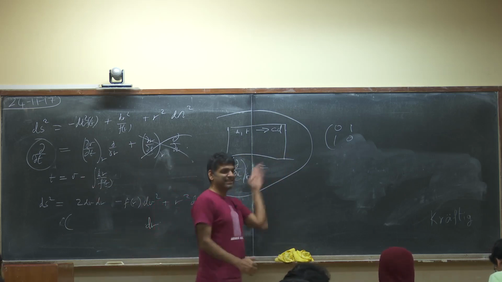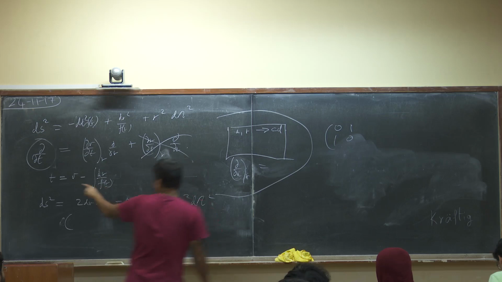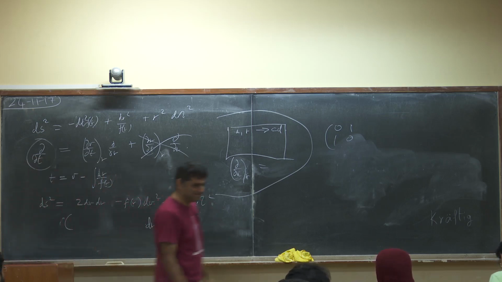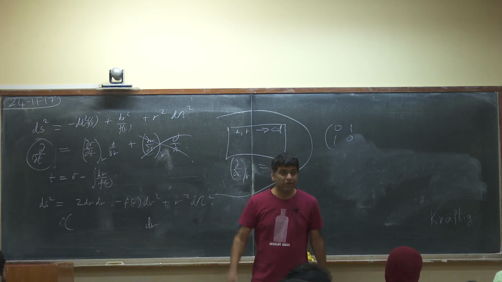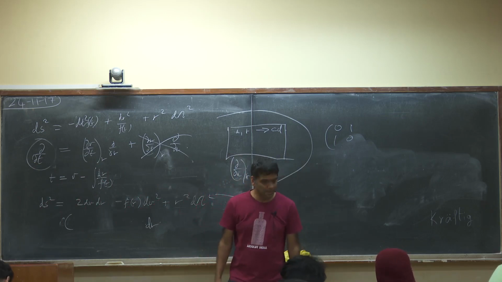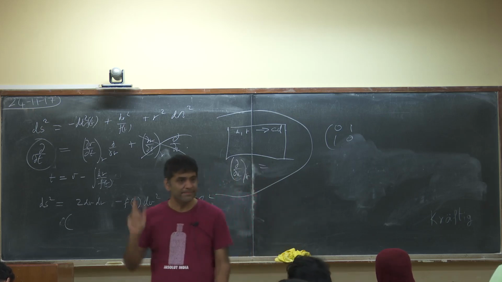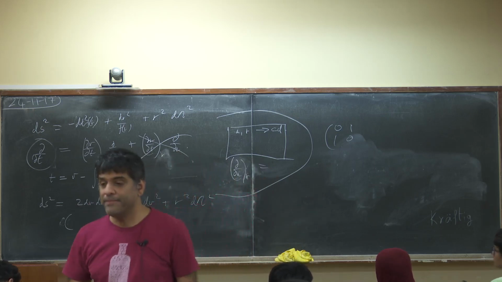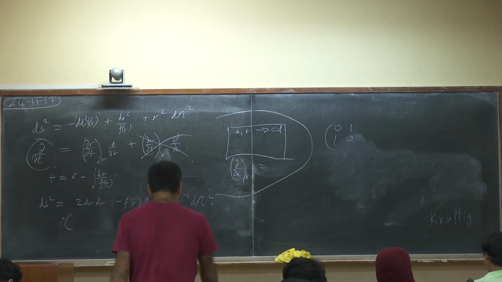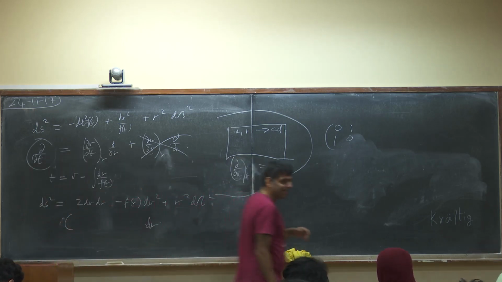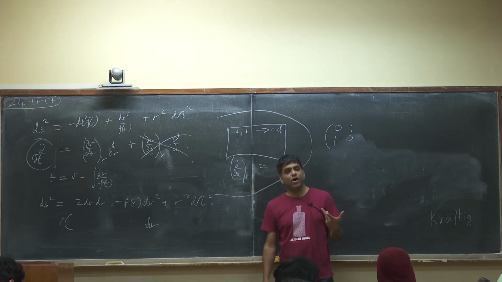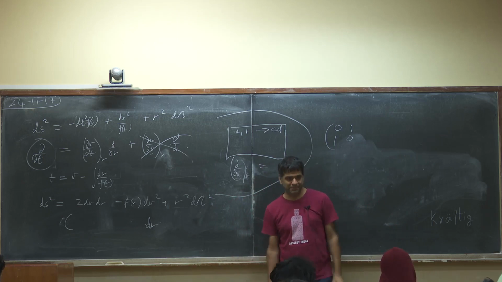When we raise its indices, we get the vector field d by dv, which is the same as d by dt. Okay. Notice that d by dt was a Killing vector field. So what we've just realized is that in the case of the Schwarzschild black hole, the horizon is a Killing horizon.